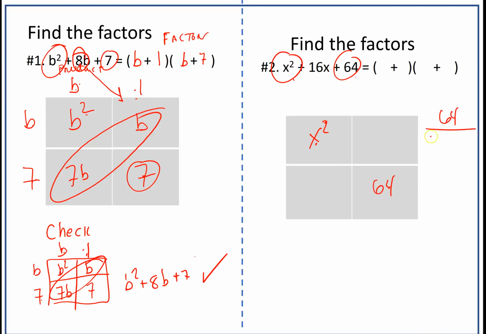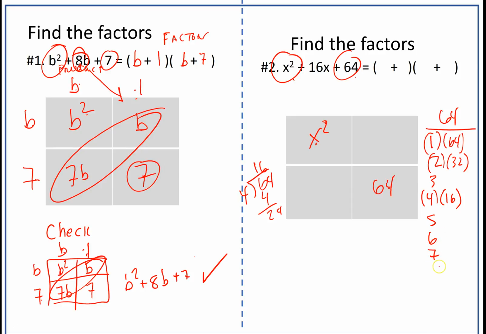So 64 is 1 times 64. 2 times 32. 3 doesn't work. 4, let me take 64 and divide by 4. 4 times 16. 5 doesn't work. 6 doesn't work. 7 doesn't work. 8 times 8 is 64.